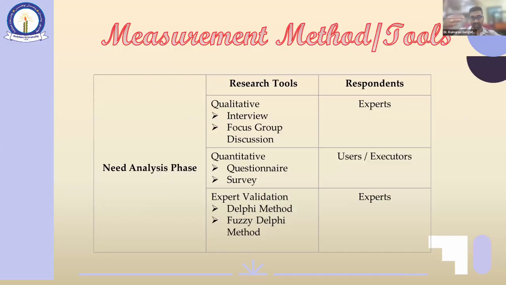And for all the procedures, for example, if we are taking the quantitative survey method, we must follow all the procedures of quantitative research from the starting to the ending. In phase 1, in the need analysis, it stands alone.